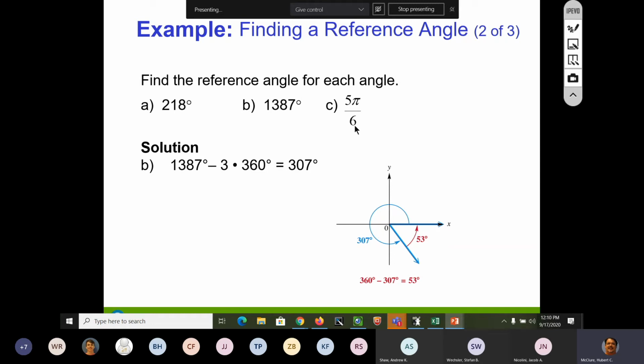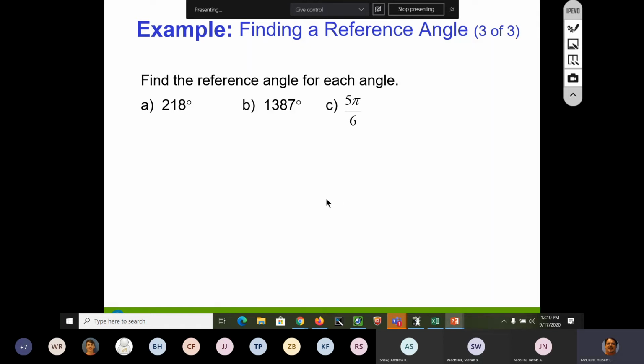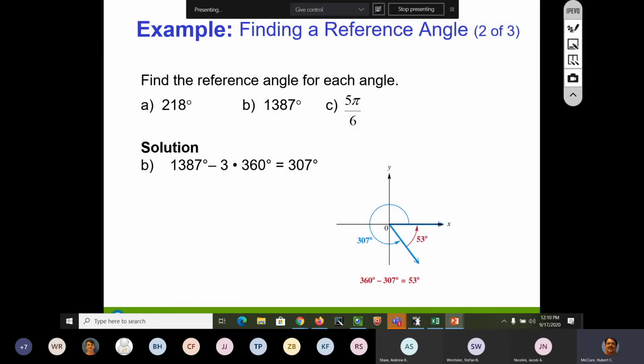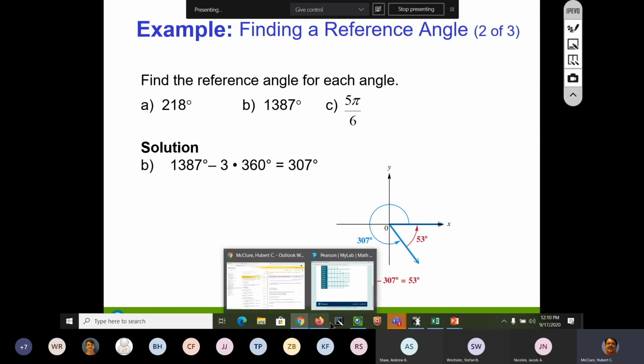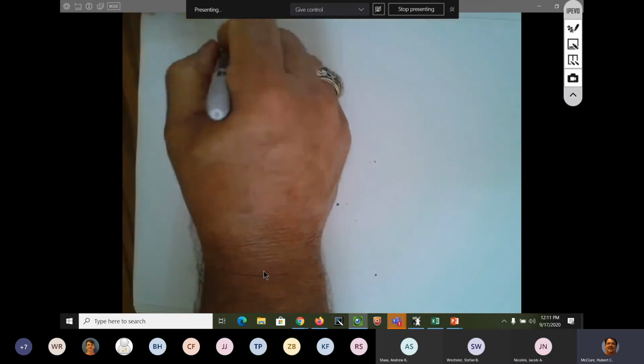And 5 pi over 6. Well, first of all, if you don't know what 5 pi over 6 is, you change it to something that you know. Hold on a second. Okay, 5 pi over 6. This is what you do if you ever get confused. I have no idea what 5 pi over 6 is.